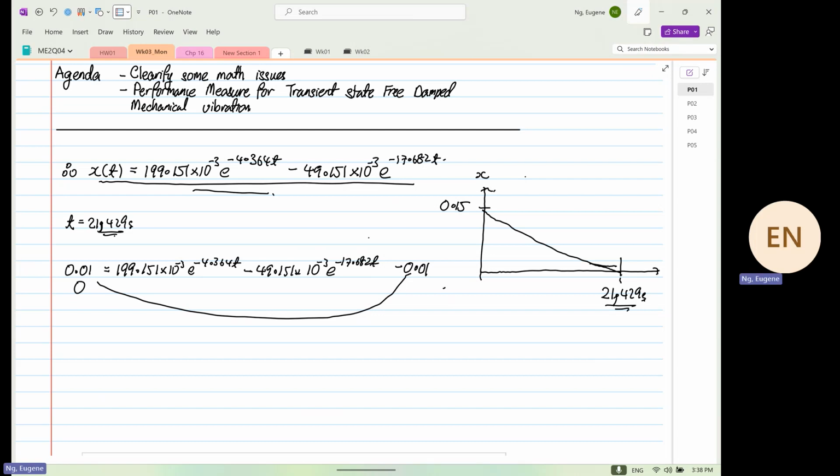And then you put the whole thing equal to 0 again, and press shift solve. It's still thinking.